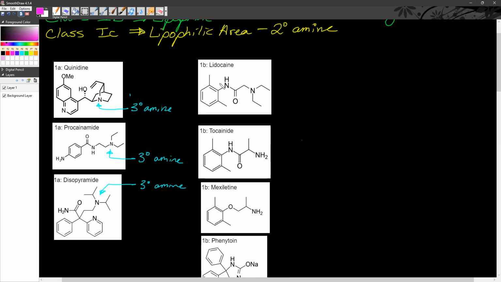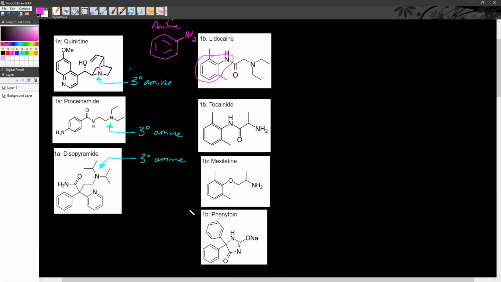So for class 1B, instead of having just a lipophilic area connected to this tertiary amine, the difference is that they all contain aniline. Aniline is where you have a benzene ring, and coming outside of the benzene ring is that nitrogen. So each in 1B has this aniline moiety except for phenytoin. Phenytoin is the only one that breaks this rule. And we'll talk about specifically what that means for phenytoin.